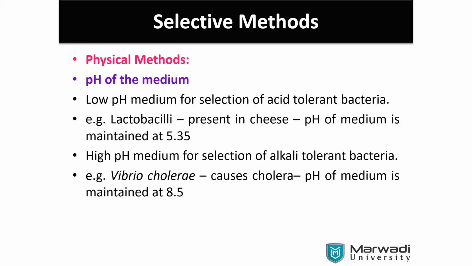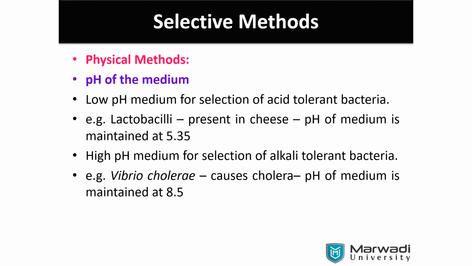Media preparations are going to change according to our sample. Okay. So an example is given: lactobacilli from buttermilk present in cheese or butter. The pH of the medium is maintained at 5.35. Okay, high pH medium selection for alkali tolerant bacteria, those that can tolerate alkaline conditions.